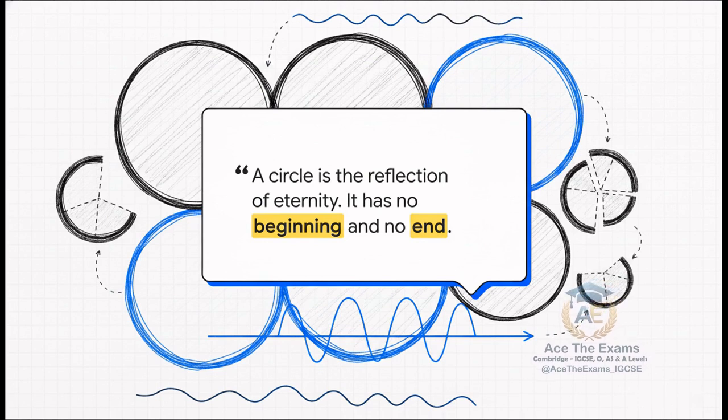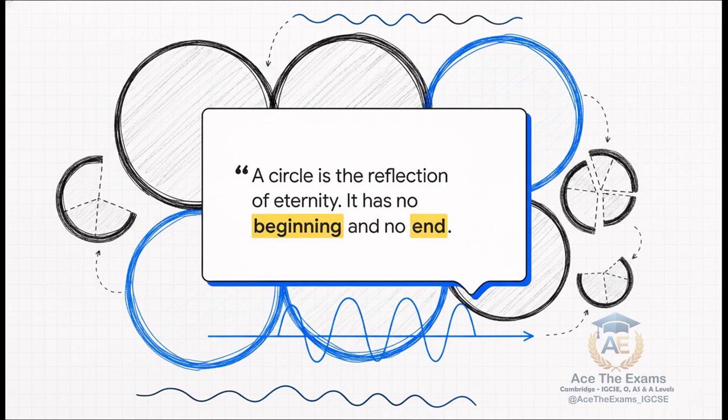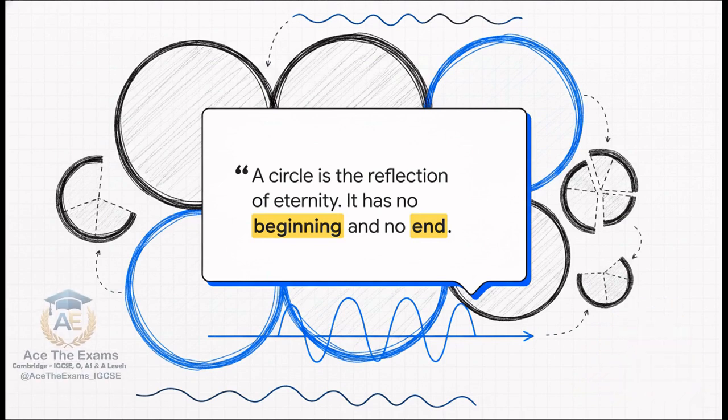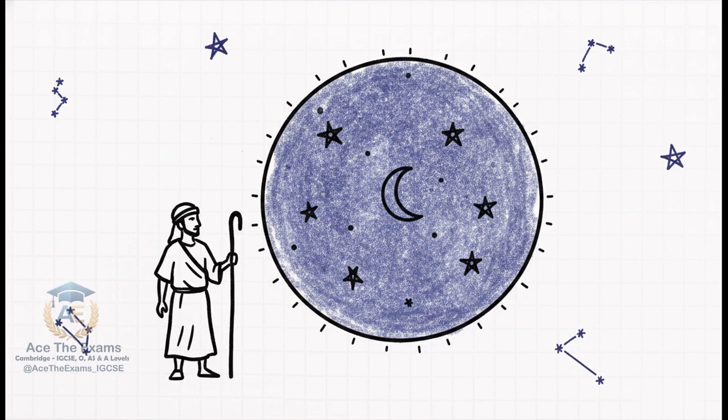But in advanced mathematics, blindly relying on degrees is like trying to measure the volume of an ocean using a teaspoon. It's clunky, it leads to massive rounding errors, and quite frankly, there is absolutely no inherent foundational mathematical law that dictates a circle must be divided into 360 parts.